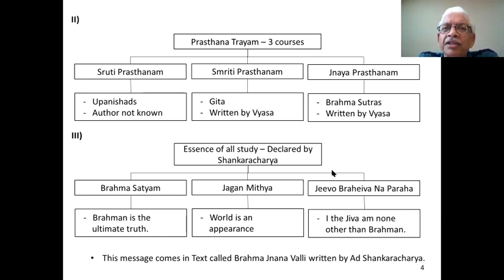Everything else in the universe is subject to change. What doesn't change is called the subject. What changes is called the object, Drishyam. What doesn't change is called the subject, which is called Drik.